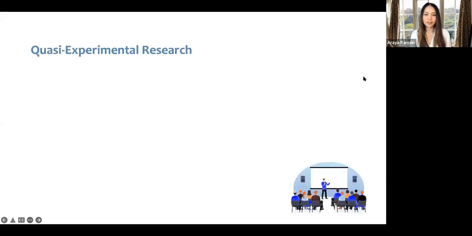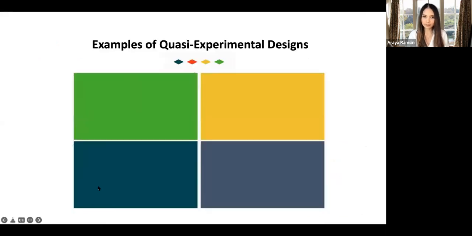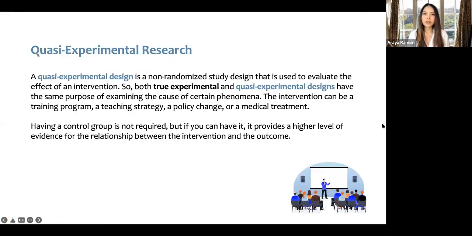Okay, now here we are. So now we are going to take a look at quasi-experimental research. Let's see what it is. A quasi-experimental research is a non-randomized study design that is used to evaluate the effect of an intervention or your treatment, whatever you have. Both true experimental and quasi-experimental designs have the same purpose of examining the cause of certain phenomena.